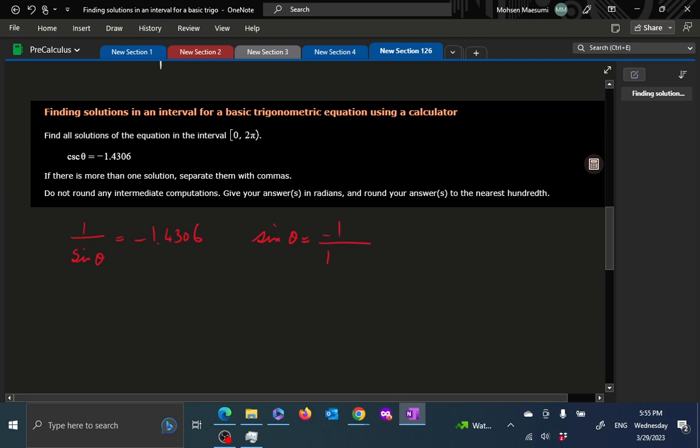So that means sine of theta is 1 over that number. Find the reciprocal of both sides. That's going to be some number. Is that right? Like 0.7 something, like minus 0.7.